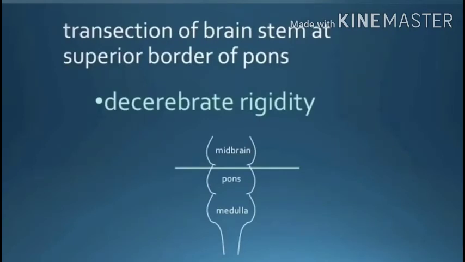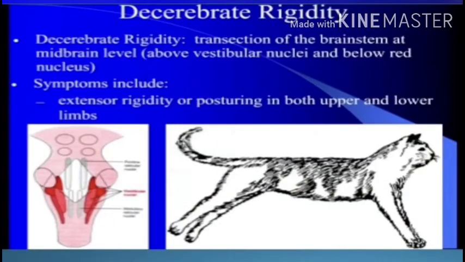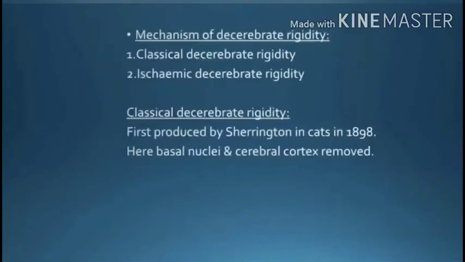The bulboreticular facilitatory area and the bulboreticular inhibitory area have both lost their control from higher centers. The higher centers are no longer controlling them. But we know the pontine area has intrinsic activity and can have a positive influence on muscle tone, that is, increase gamma motor neuron discharge, while the inhibitory area does not have any intrinsic activity.